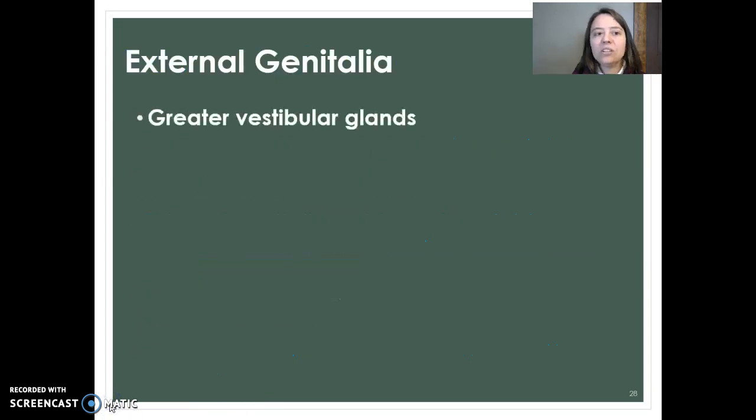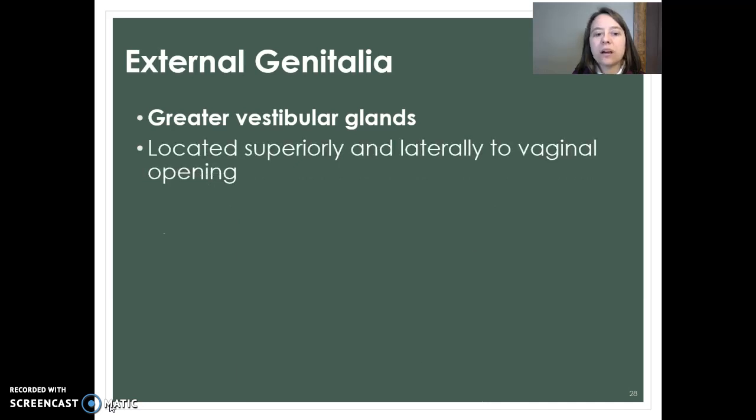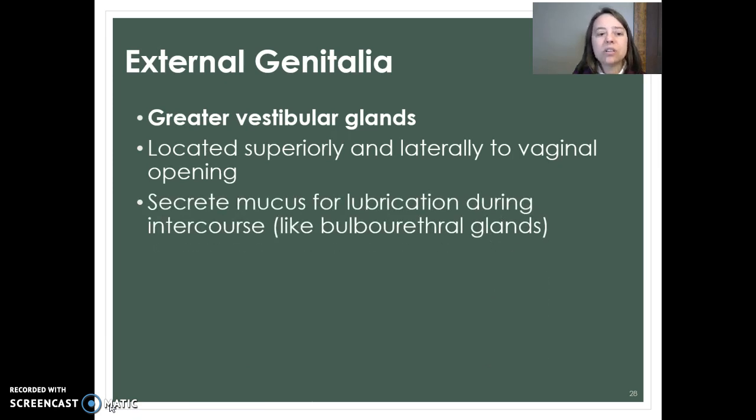So with the external genitalia, the greater vestibular gland is not actually external, but it's close. It is located superiorly and laterally to the vaginal opening, so it is actually kind of up on the side of the vagina. And it will secrete mucus for lubrication during intercourse, and it is very similar to the vulvourethral gland.